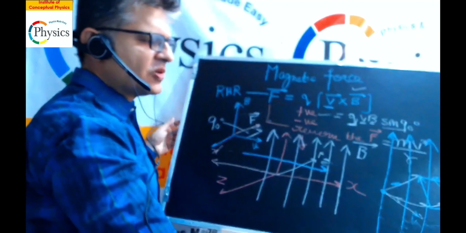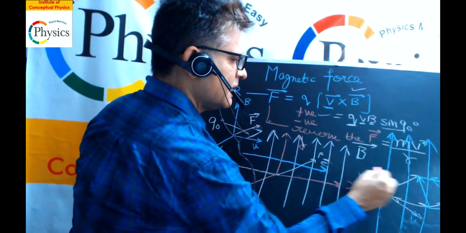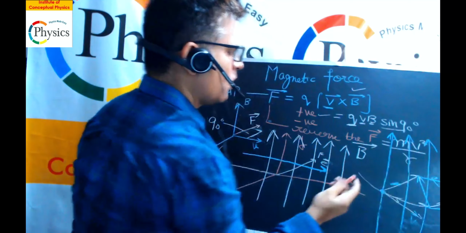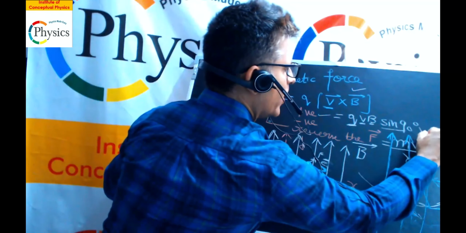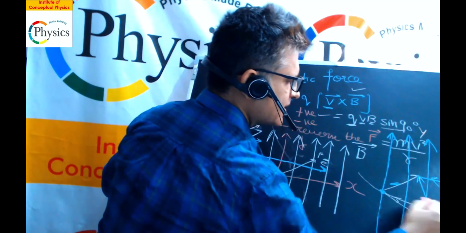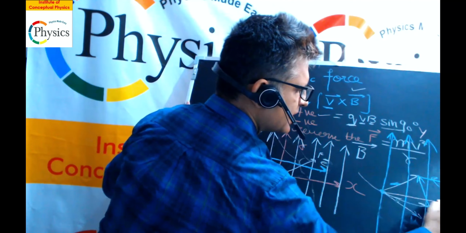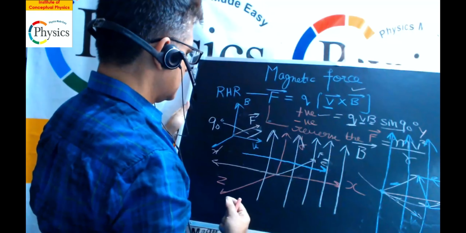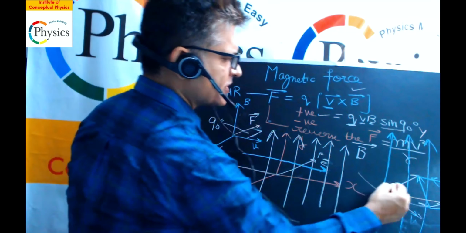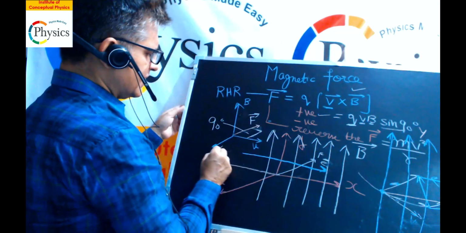Now remember, if I draw this circle completely, it will look like a circle. So in terms of planes, if this is your y-axis, this is the x-axis, and you have one more axis, which is the force. The force is along the z-axis, okay?